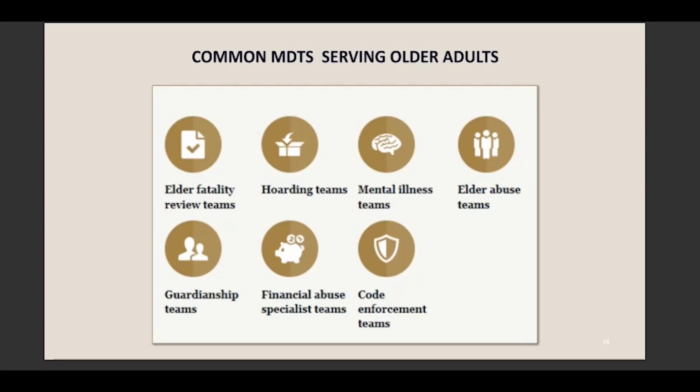And so there's an overlap in the population. Then you might have specialized teams like your financial abuse specialist teams, elder fatality review teams, and even just your regular elder abuse teams. So they're looking at elder abuse of specific individuals, and they're only working with elder abuse victims.